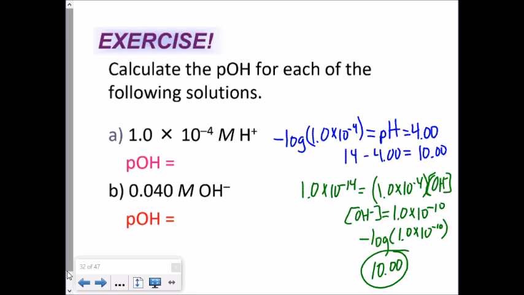B is easier this time, right? Because all we have to do is plug it in. The negative log of the hydroxide here will give us our pOH. And what is that going to be? We got that already.